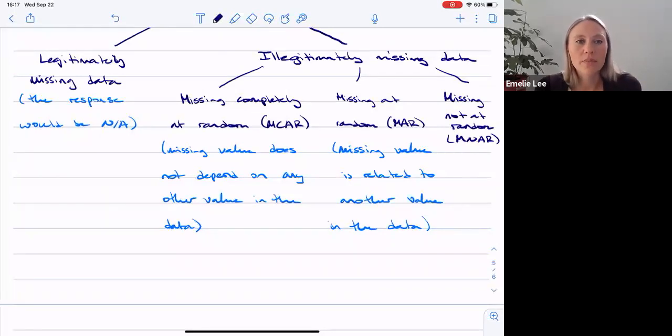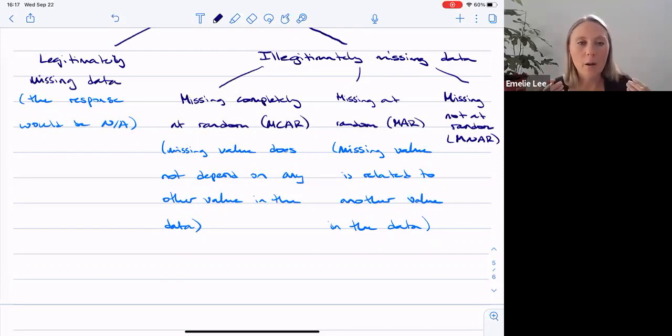And so they've used kind of an income category as an example, so maybe people aren't reporting their income category because they make more than usual or maybe less than usual, right?